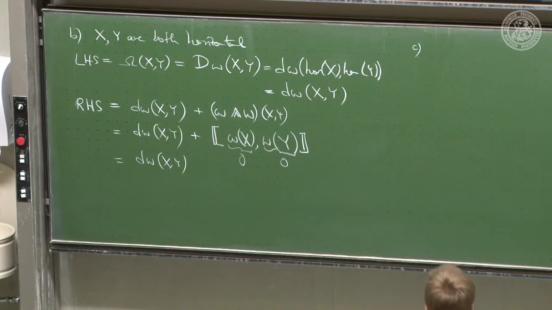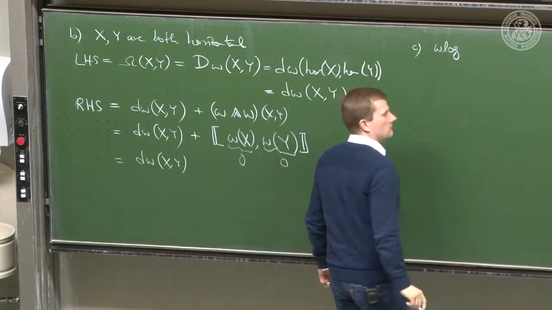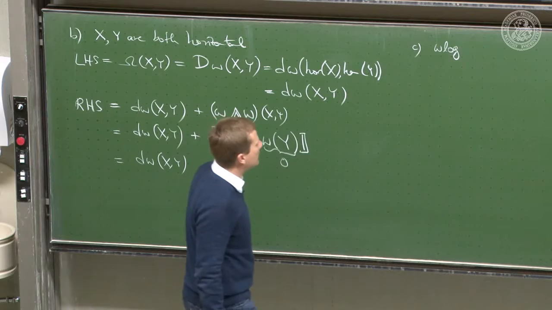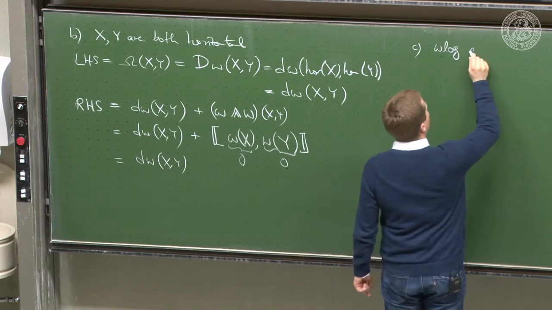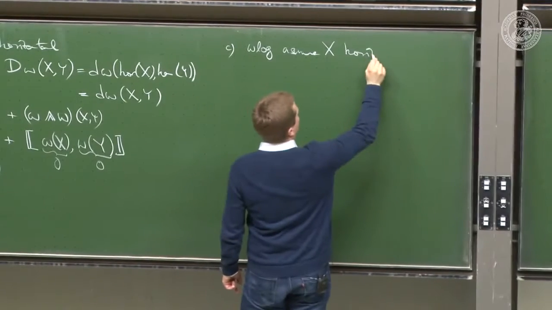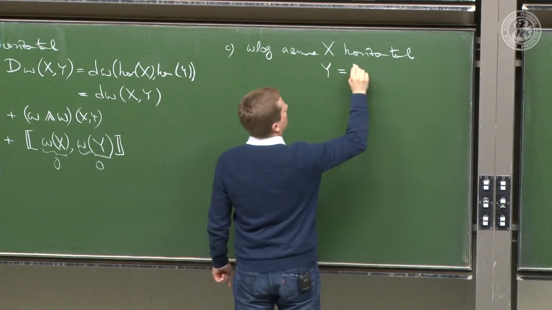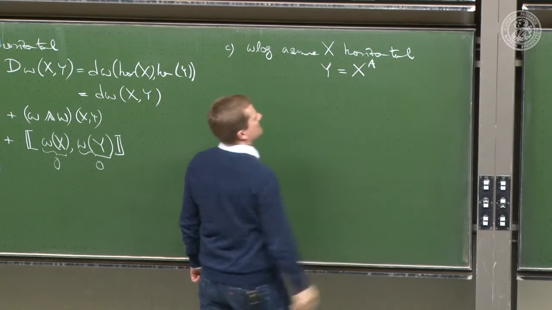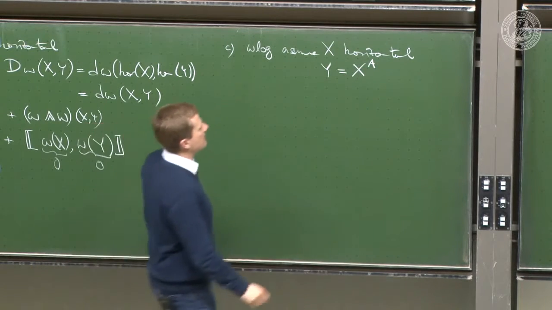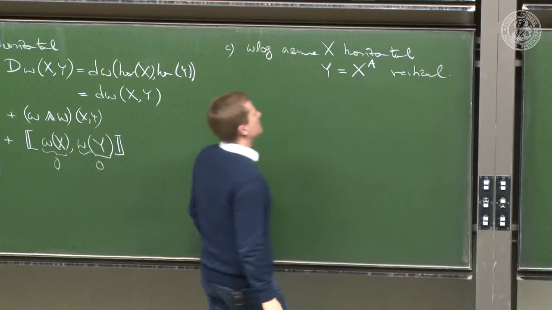So let's assume, without loss of generality, and I just argued that it's without loss of generality, that x, say, is horizontal and y is vertical, hence it can be written as the induced vector field XA with respect to some Lie algebra element A.